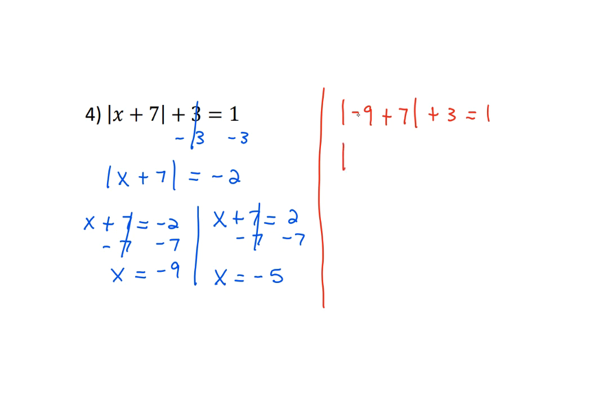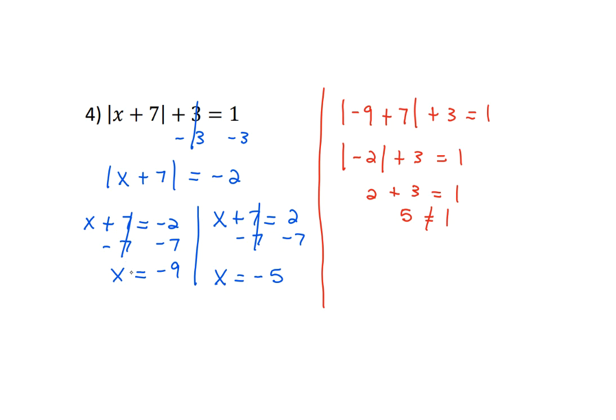Okay, so the absolute value of -9 plus 7, that would be the absolute value of -2, plus 3 equals 1. Well, what is the absolute value of -2? It would be 2. How far is -2 from 0 on a number line? It's 2 spaces. So that gives me 2 plus 3, which is 5. And 5 does not equal 1.